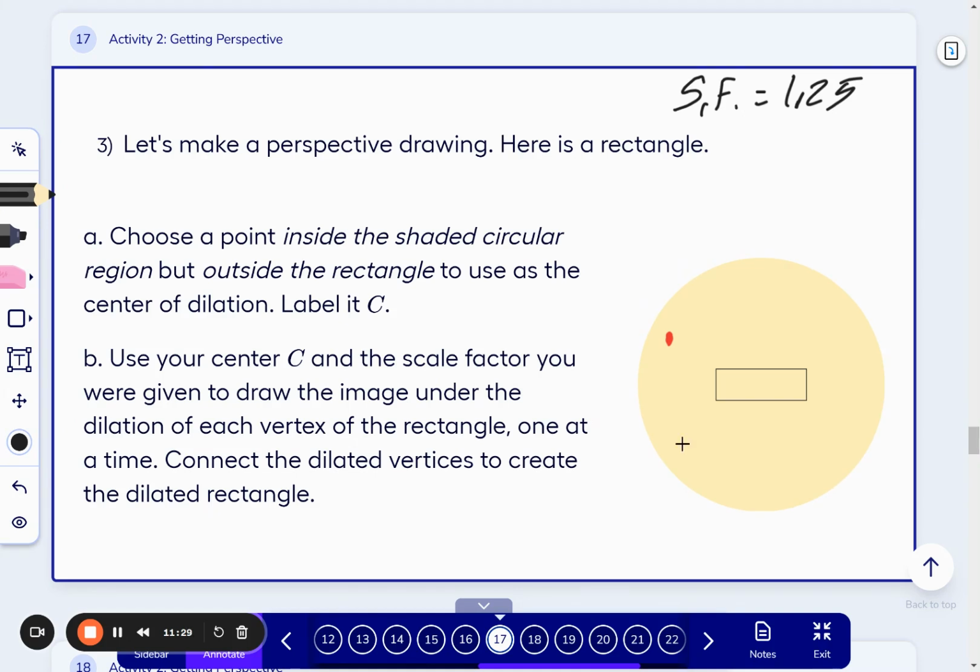Using the scale factor, draw the image under the dilation of each vertex of the rectangle one at a time. Connect the dilation. So we need to know how far it is from here to each vertex. That was 1.5. This was 3.7. Maybe I should draw a line there.